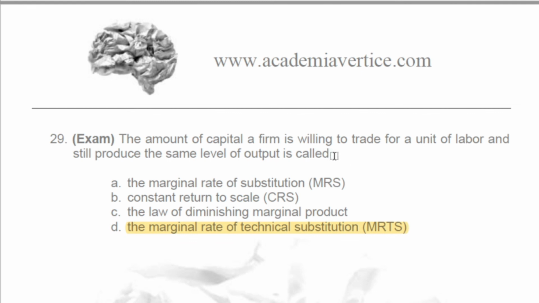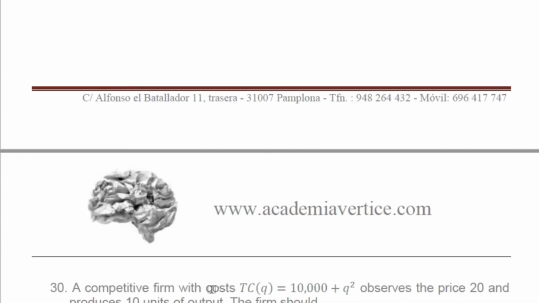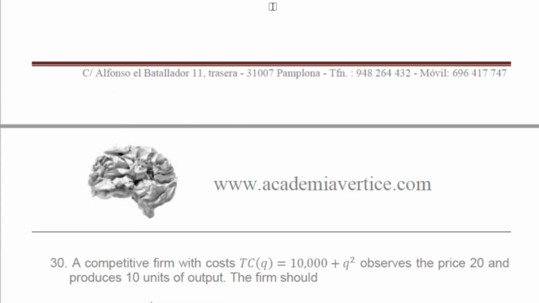This is very clear. It's almost a definition. We should know it. And normally, when I put this exercise to you in our classes, you used to do it very well.